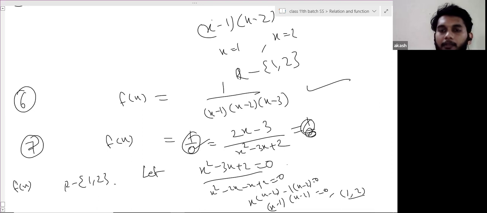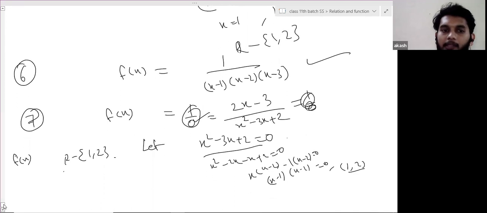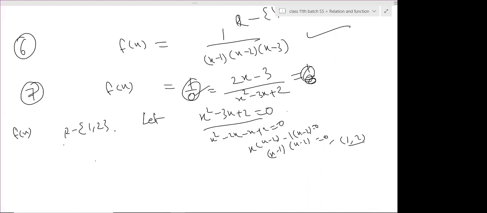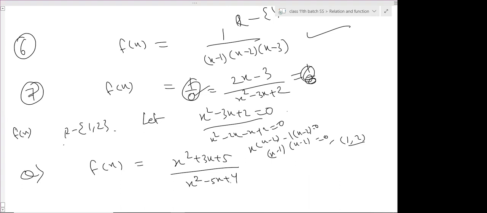Clear, Arnav? Arnav, is this clear? Yes. All right, next question. F of x equals to x square plus 3x plus 5 upon x square minus 5x plus 4.